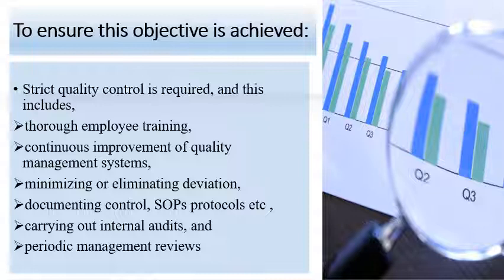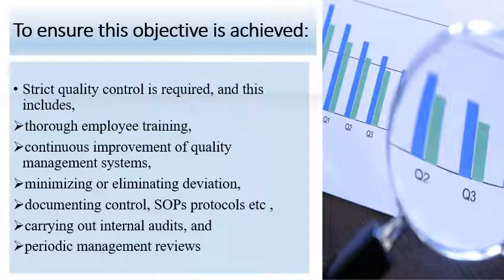In order to ensure that this objective is achieved, strict control is required, and this includes thorough screening and training of employees to comply with the industry protocols. Then continuous improvement of the quality management system. The industry must be dynamic and improving the quality, and they must minimize or eliminate deviation. They stick to the protocol.